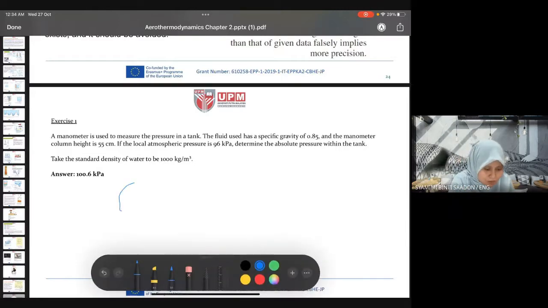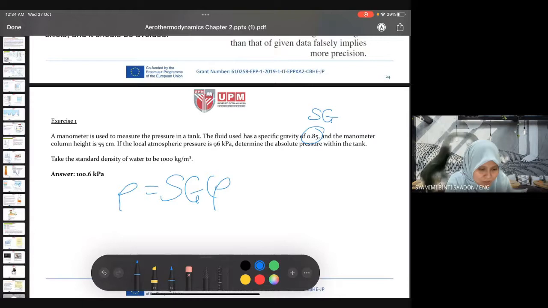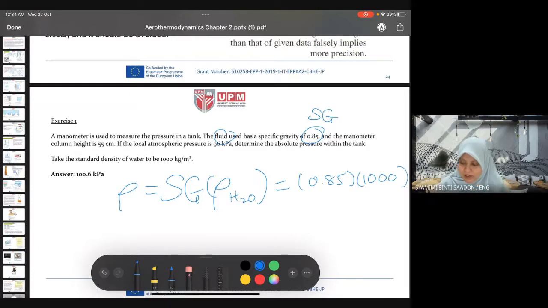You take the specific gravity Sg and multiply with the density of water H2O given here, so you get the density of this fluid. Multiply by 1000, so you have 850 kilogram per meter cube.